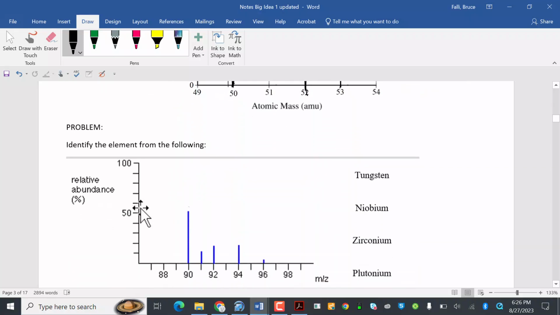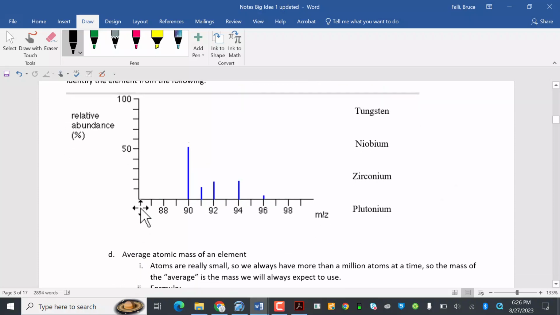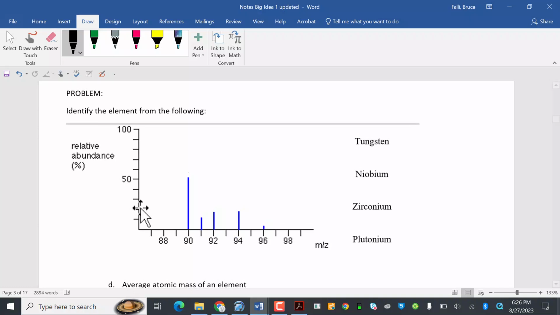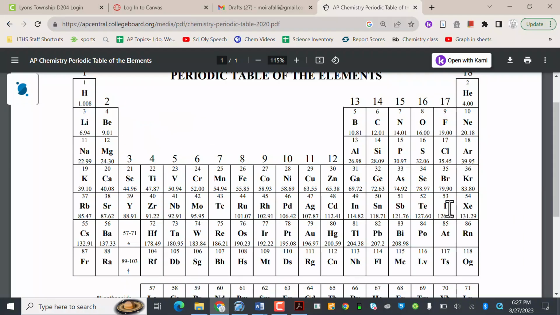Identify the element from the following. Okay, relative abundance. So looking at this, do you see how this is mostly 90-ish, right? So if I were to guess the average of this, I'm guessing this guy to weigh about, see how these guys kind of drag it over, 91-ish for its average. So let's cruise the periodic table and see what weighs about 91. Masses are down here. What weighs about 91?